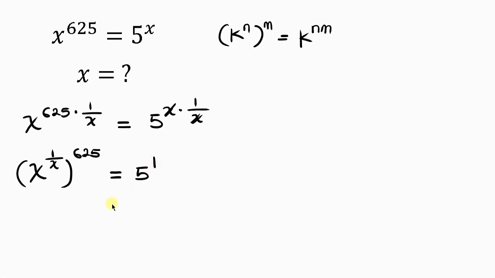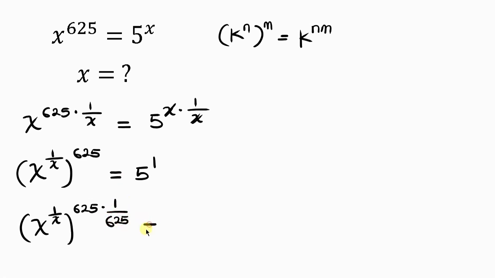Now our next step will be for us to multiply the exponents by 1 all over 625. So for the left hand side, I have x to the 1 all over x, and this is raised to the 625. I'll multiply this exponent by 1 all over 625.